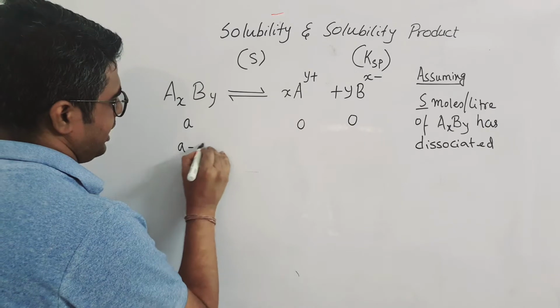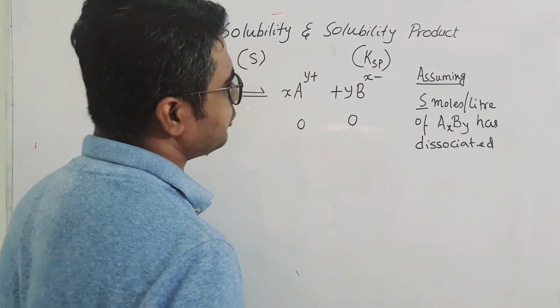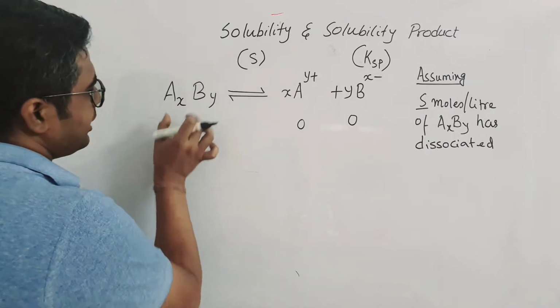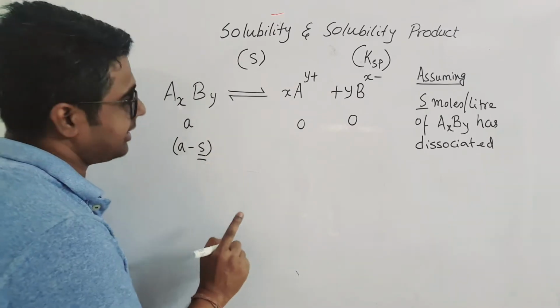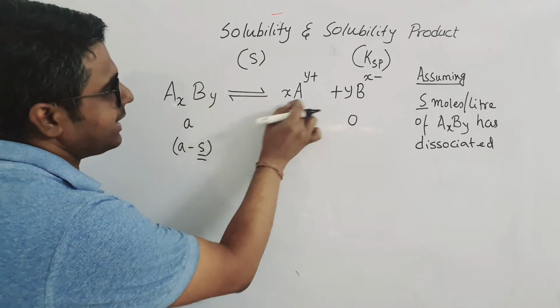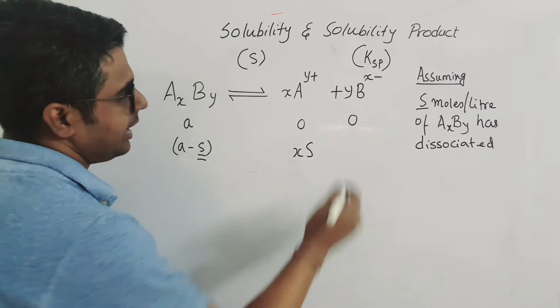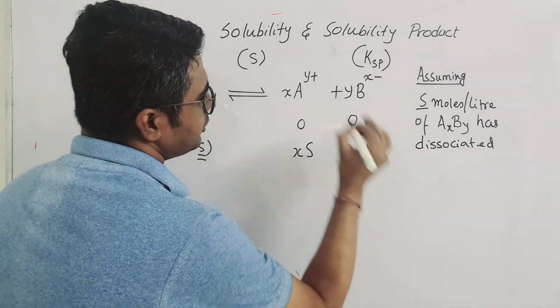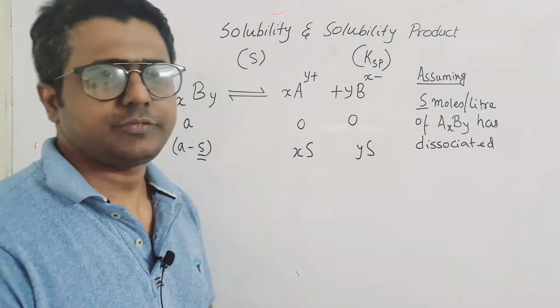S. So A minus S. So how many moles of A is going to get produced? Remember, how much has reacted? S has reacted. If S has reacted, x into S moles will be produced, right? Clear? And here y into S moles will be produced. Clear up till now? Okay.